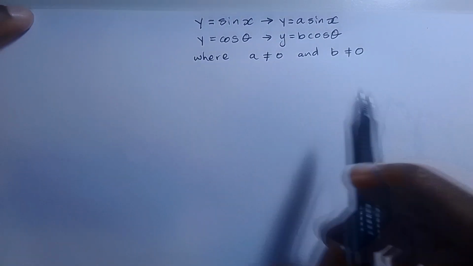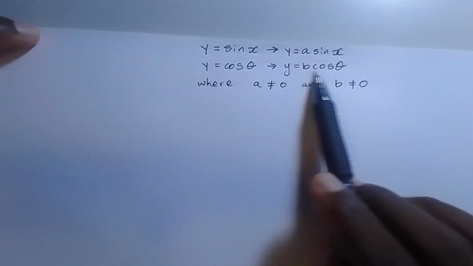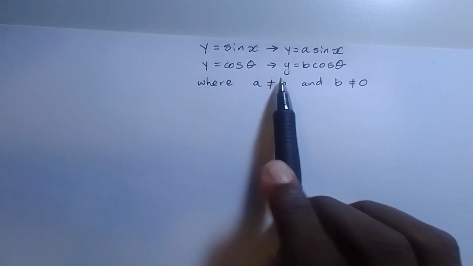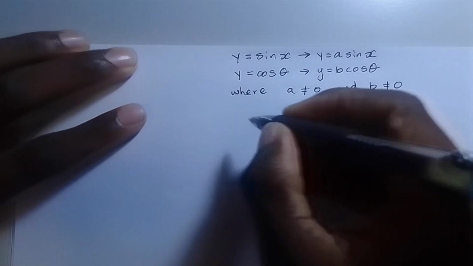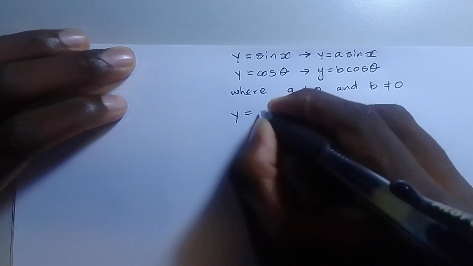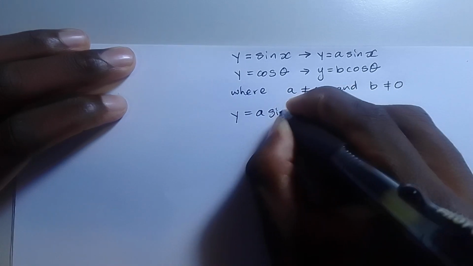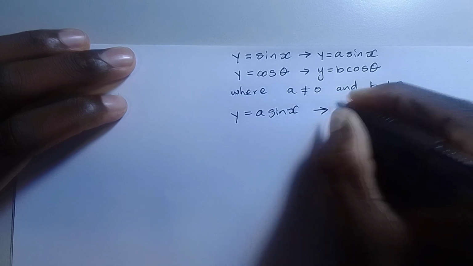Hi guys, in the last video I was showing you how to move from this to this. So in this video I'll be showing you how to move from this to something like this.